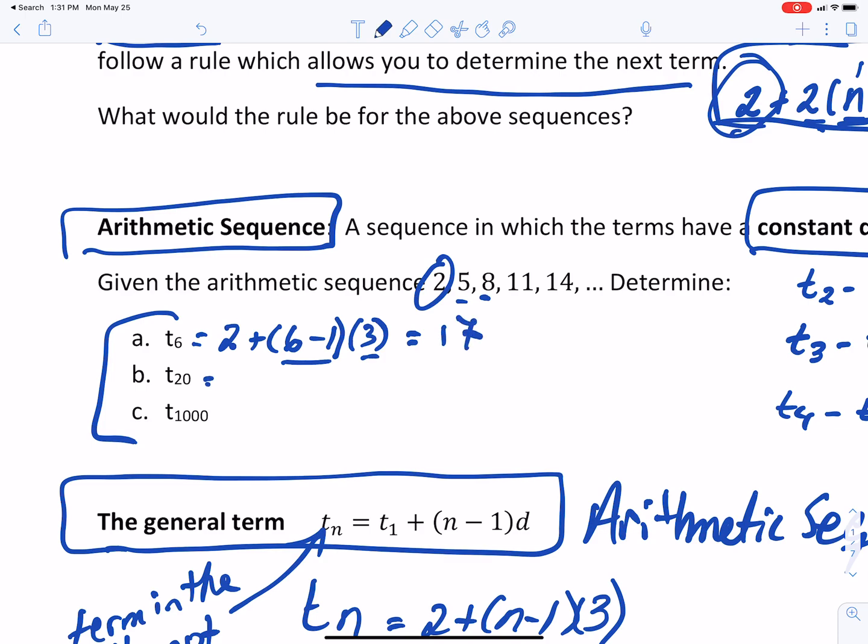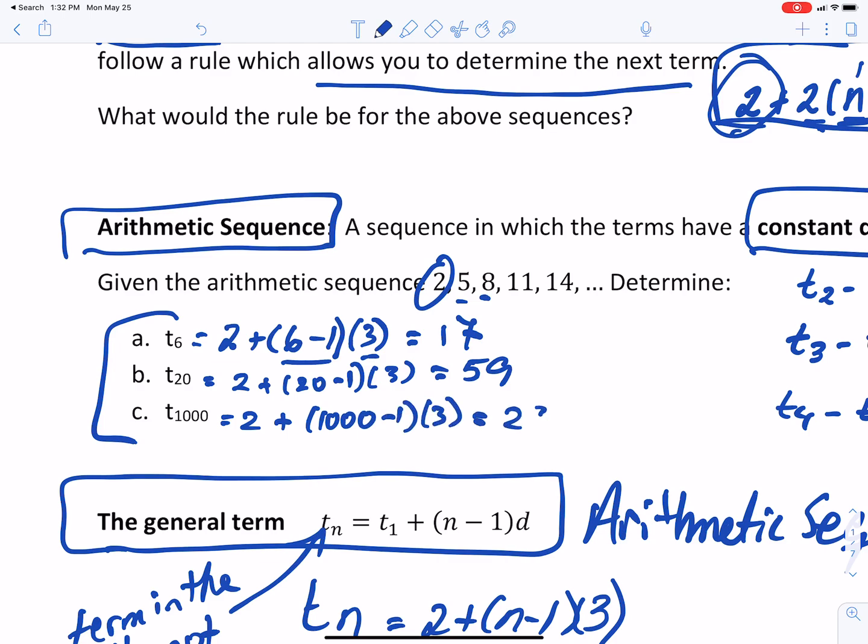And term 20, 2 plus 20 minus 1 times 3, that gives me 59. And down here, 2 plus 1,000 minus 1 times 3 turns out to be 2,999.